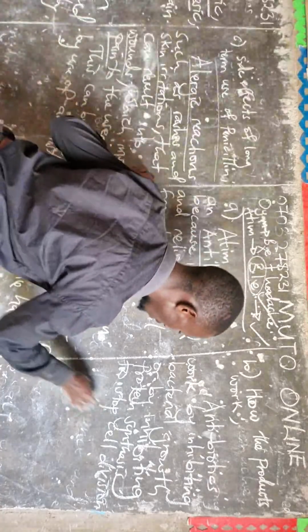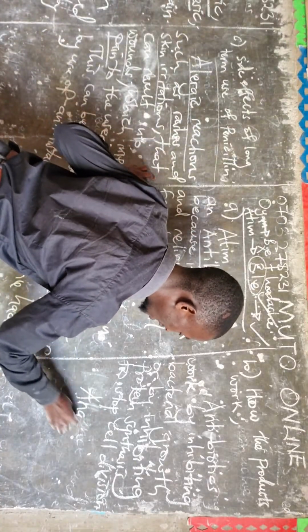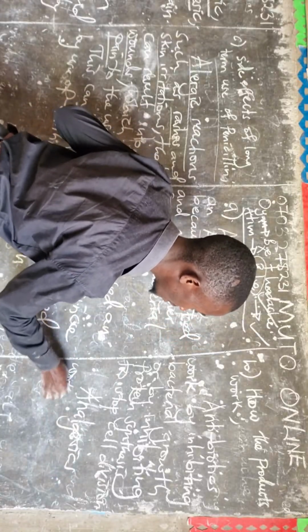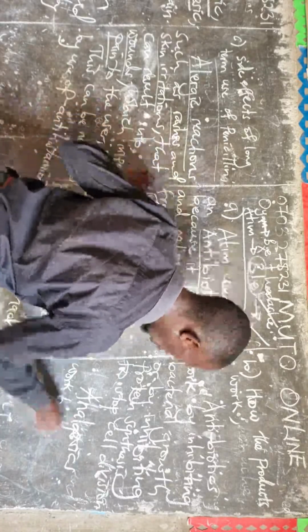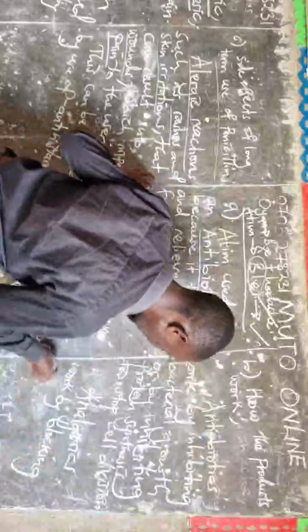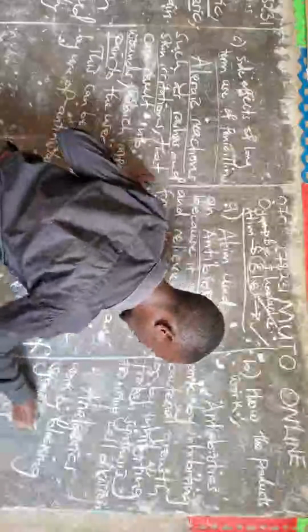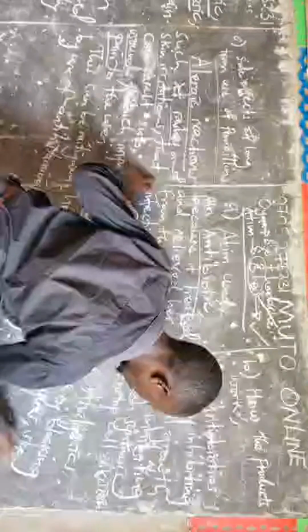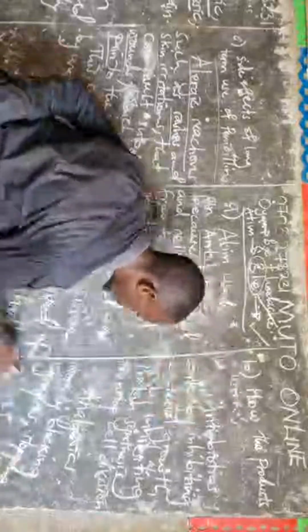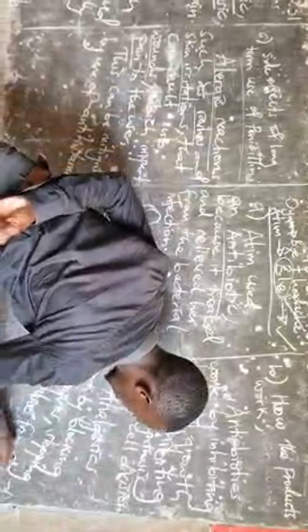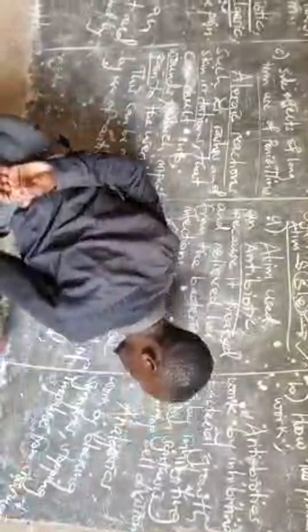And the analgesics, remember very well, we said yesterday that the analgesics work by blocking synapses, stopping impulses from traveling to the brain.